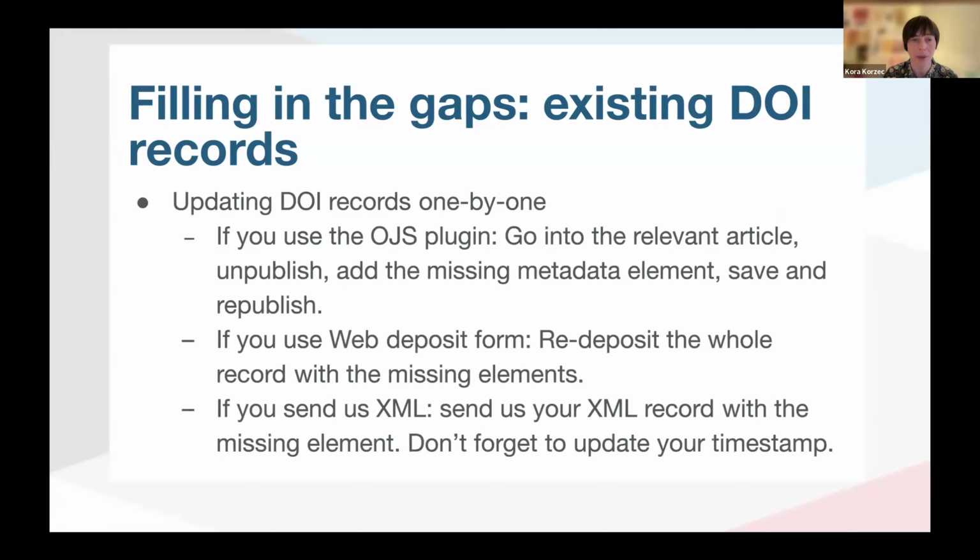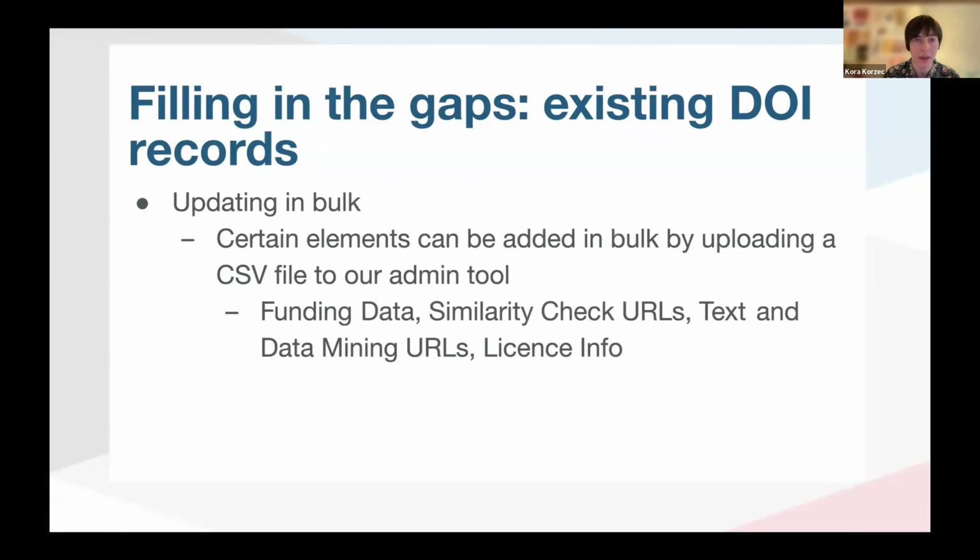In terms of updating the DOIs, you can update them one by one with the OJS plugin or the web deposit form, or by sending us the XML. And you can also update them in bulk, as I've mentioned, especially the specific elements that you can upload as a CSV file in our admin tool. Oh, and license information here as well. I think that was not on the previous slide.